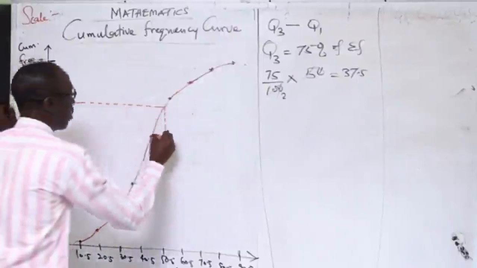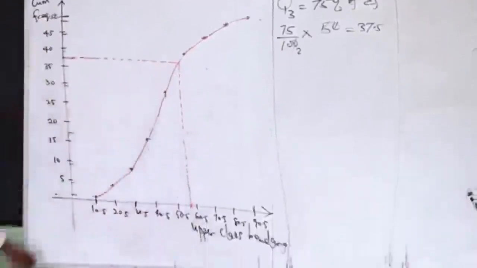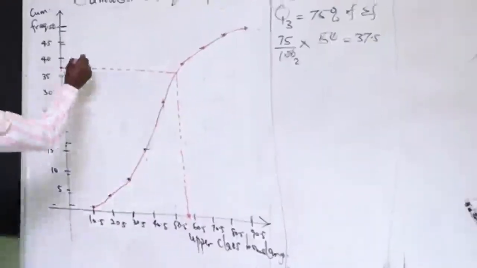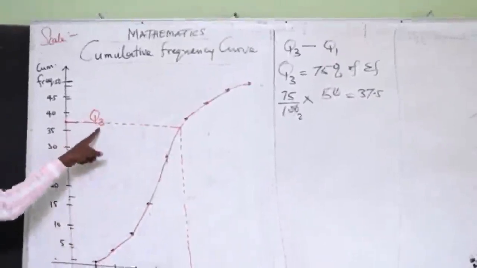Wherever it meets with the curve, trace it back to the x-axis and read this value out. Somebody should help us. And please put Q3 there.